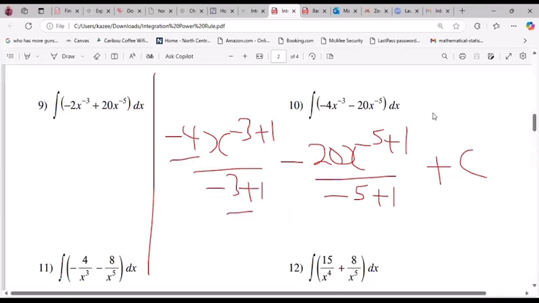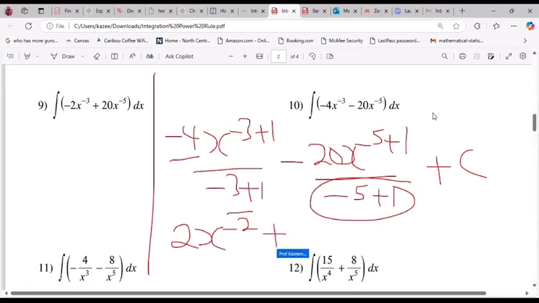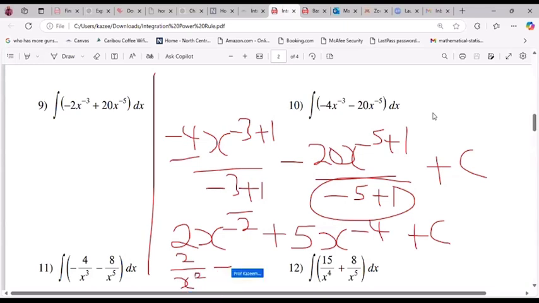So you're actually going to have 2 raised to the power that. Here, that's going to be negative 4, right? So negative 4 goes into negative 20. That's going to be 5, right? x raised to the power negative 4 plus c. So if you want to write that, you can do 2 over x squared plus 5 over x to the power 4 plus c.